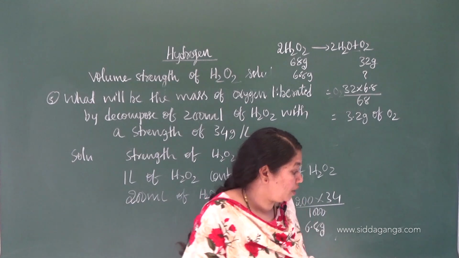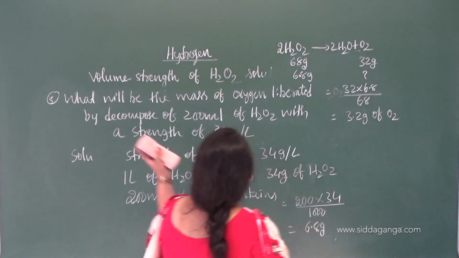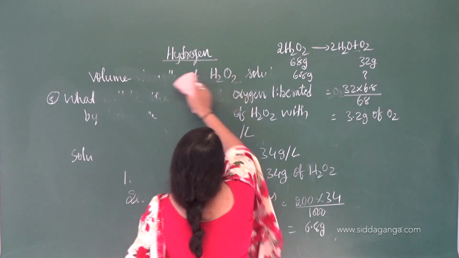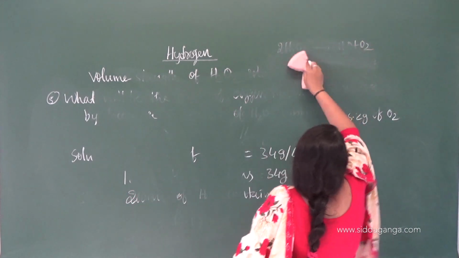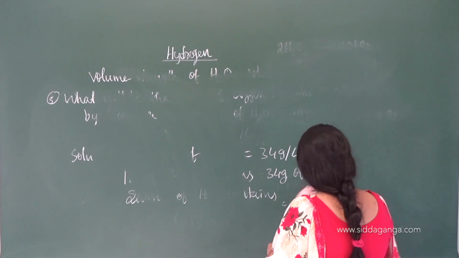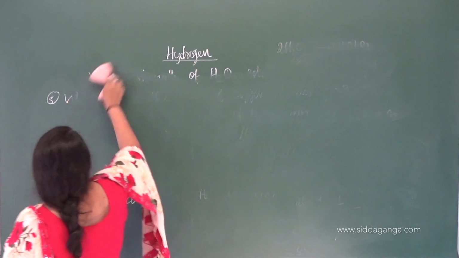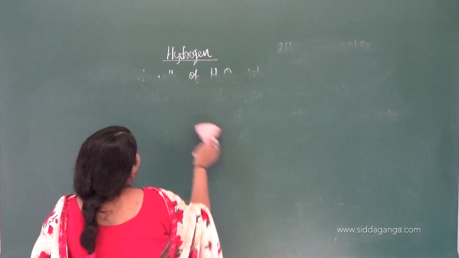The remaining we are going to do while discussing the competitive questions with reference to hydrogen peroxide. If you go through the textbook also, you have this one. So this is how you can express the volume strength. It is a very, very important concept.